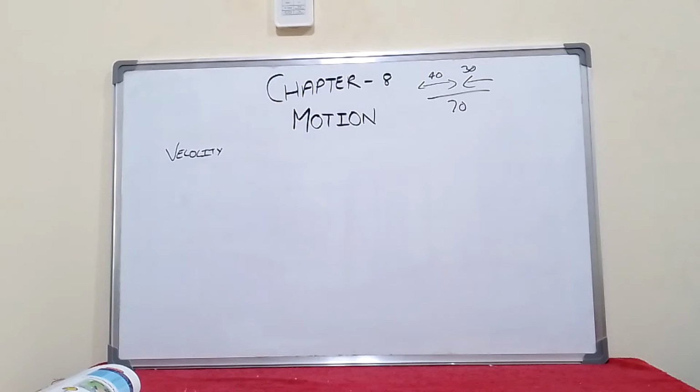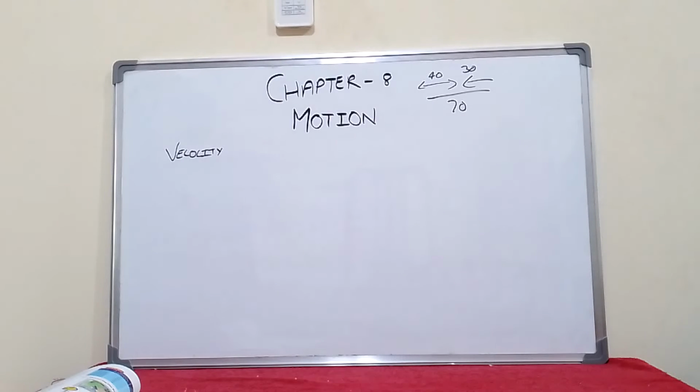So here we can see that there's a change. So what is velocity actually? Velocity is the distance covered in a unit time with direction. What is distance with direction? Distance with direction means displacement. So velocity means the displacement in a given amount of time.